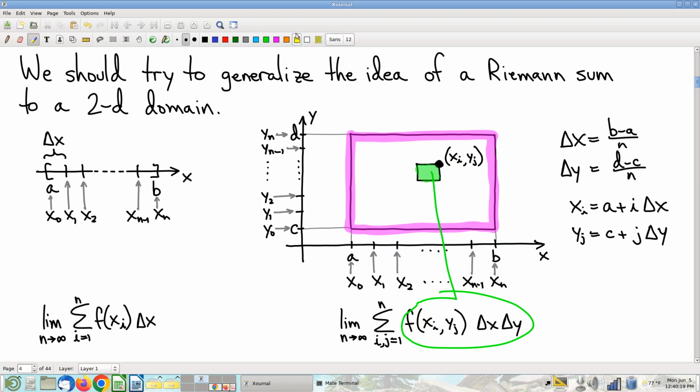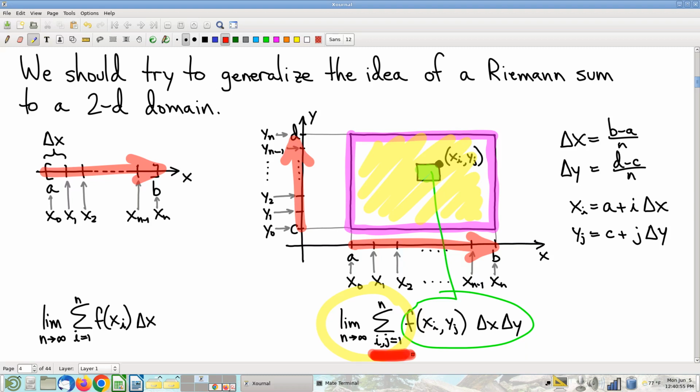And then I add up over all the pieces. Now again, different: if I want to add up over all of those pieces, then it's not just 1 to n. On the one hand, on the x-axis, my subscript goes from 1 to n. But also, at the same time, in the y direction, my subscripts need to go 1 to n also, independently. So I'm actually going to have a summation where both i and j go from 1 to n.